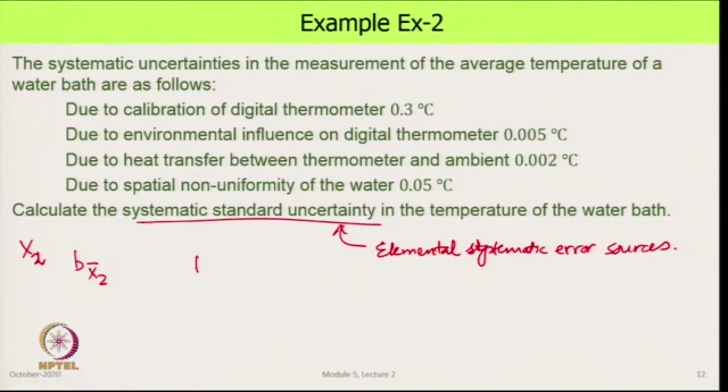So, what we do is we call it the first one, B x2 bar 1, x2 is our parameter, and this is the first systematic error source.